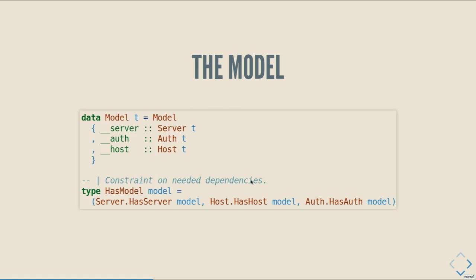What does our account need for its operation? It needs the server component we have, which basically offers the possibility for getting messages from the server. So it will be able to receive messages from our server. It has access to authentication state and host for host-specific functionality.